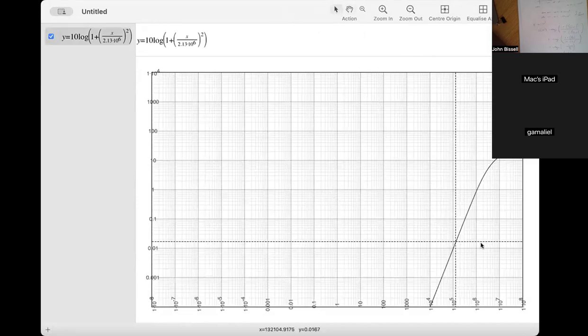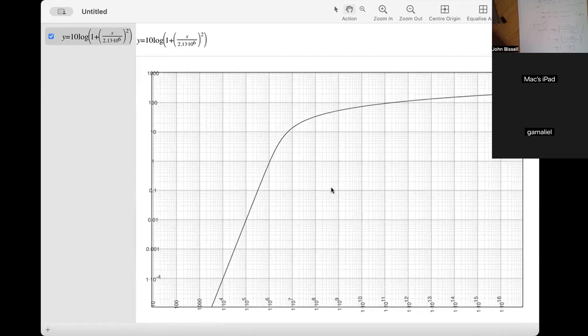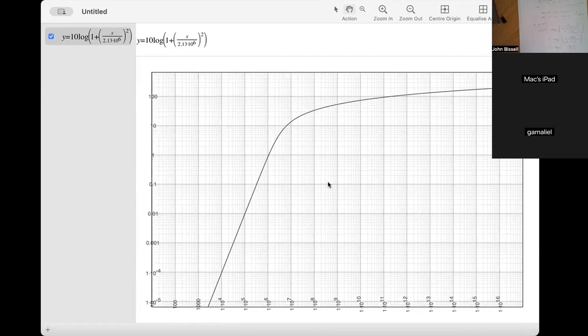So my claim was that this is the gain part, right? The pole part.